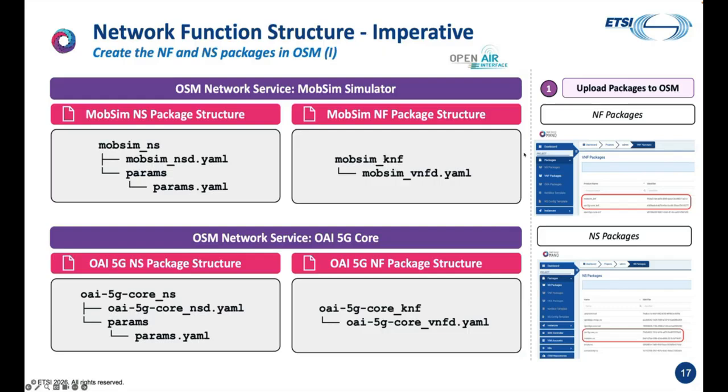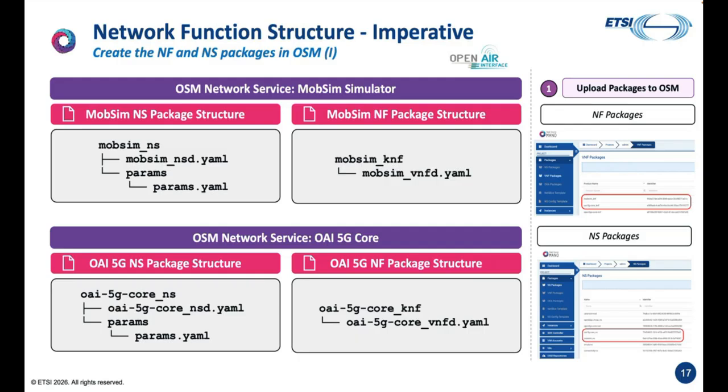So for that, we already created the packages that you can use to deploy the two applications. One of them is using MobSim, a simulator to create mobility in the RAN.